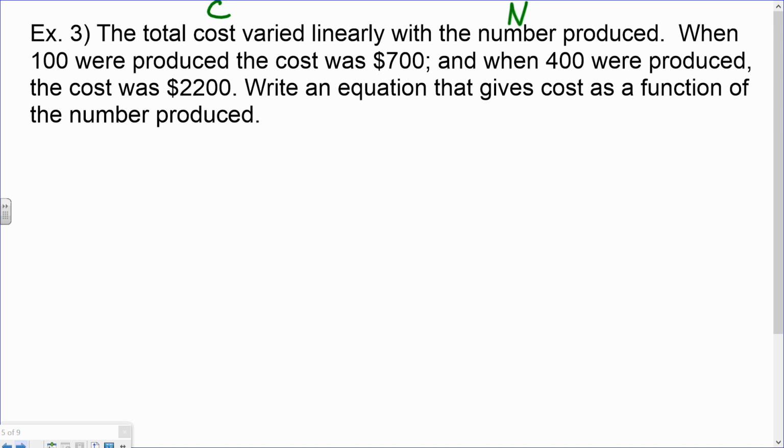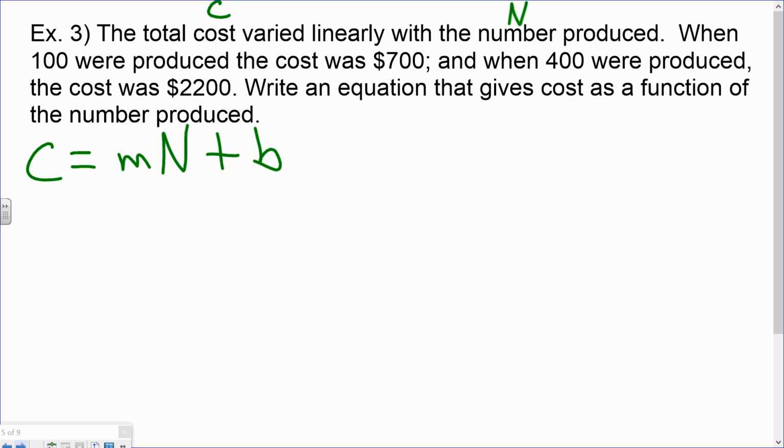Varies linearly. So C varies. All variation problems, whatever that first variable is, C varies, means we start off with C equals. Okay, this one has to fit mx plus b, except my second variable is not x, it is n. So that is my pattern for this problem.